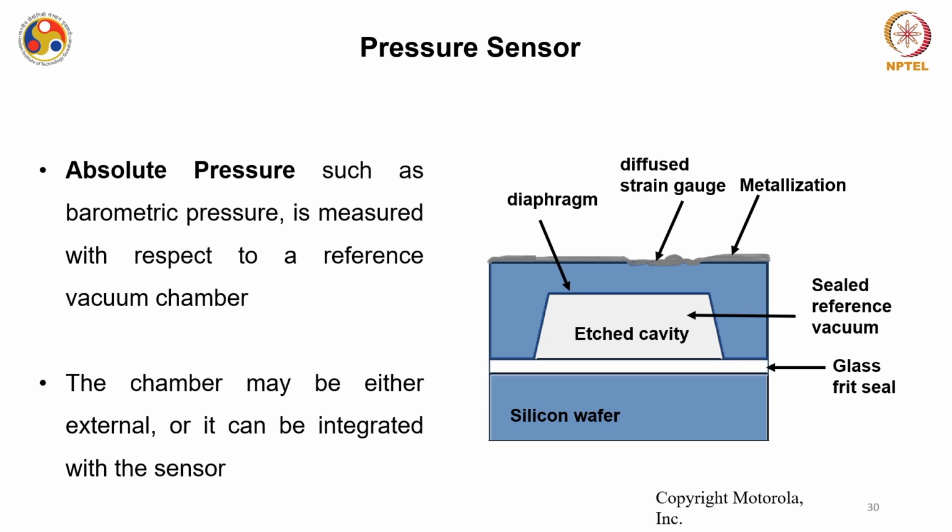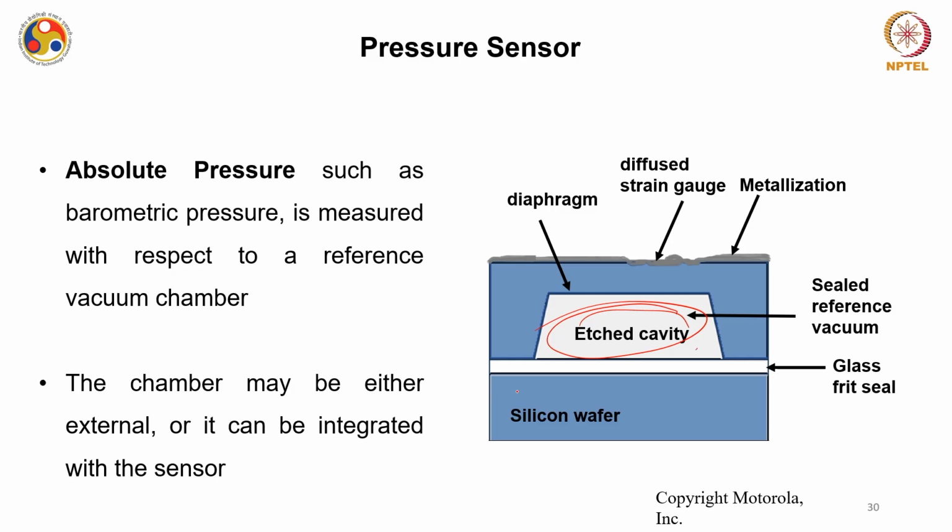In silicon, for example, this kind of device has an etched cavity in the silicon, which is quite possible with modern etching technology like the Bosch process and others. This kind of cavity can act as a reference vacuum.